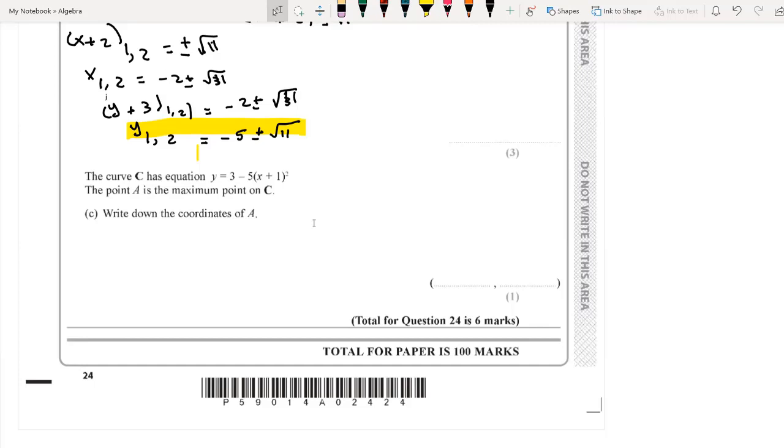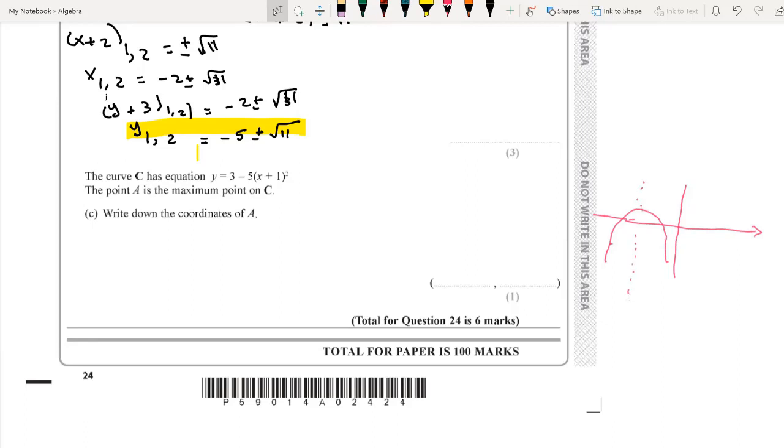Now, let's draw it quickly. So we have here the x-axis, we have here the y-axis, and then we have an N shape. This is the quadratic equation, N shape, and it has its center at negative 1. How did I know this?